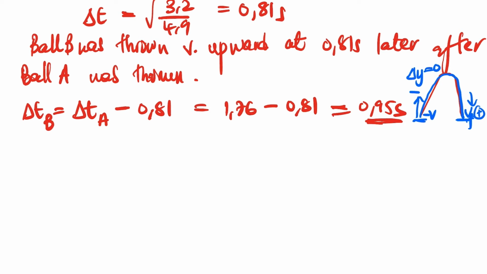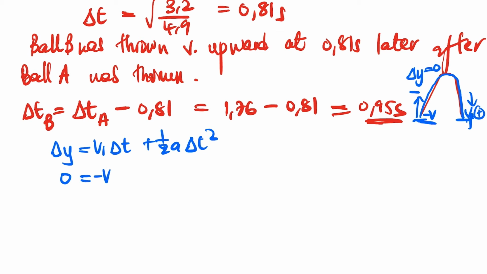So the formula that we're going to use is the same formula. Change in y is equal to vi change in t plus half a change in t squared. Our displacement, as I've mentioned, is going to be 0, and it's very important when you do that that the initial velocity will be negative, even though you do not know it, and the time is going to be 0.95, the time it will take, plus half the acceleration.